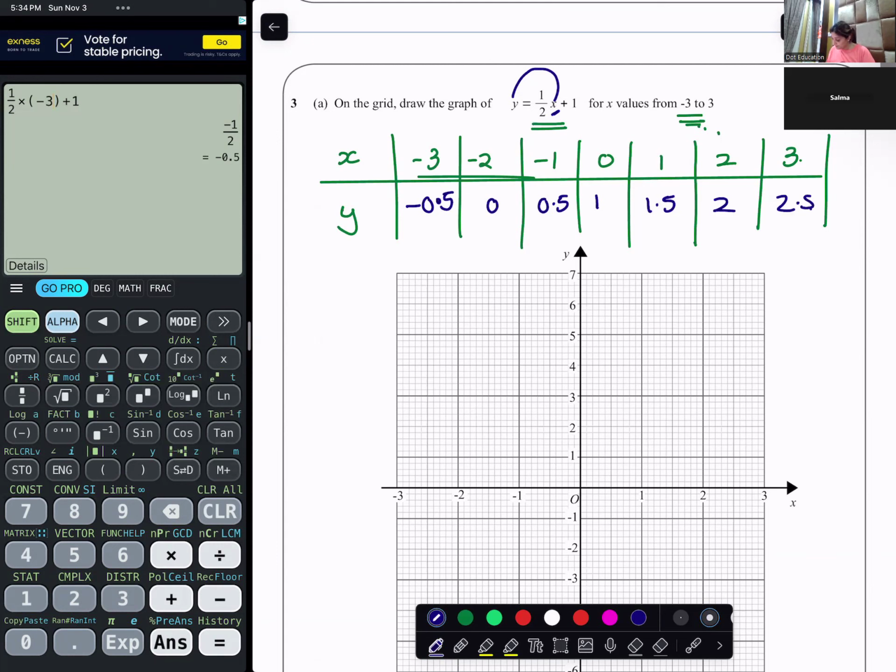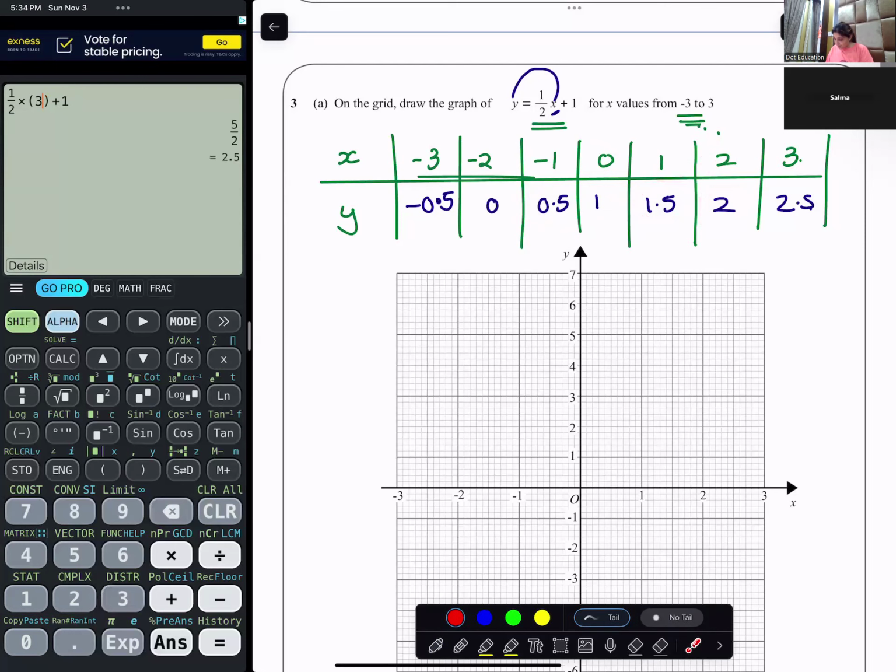We'll check one more. When x is minus 2, y is 0. When x is minus 1, 0.5. When x is 0, 1. Now when this goes positive, when x is 1, it's 1.5. When x is 2, it's 2.